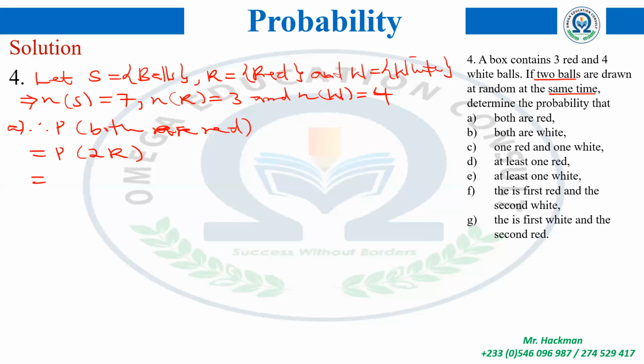Yes, that is what I said. Per the question, it means immediately you dip your hand or whatever you are using to pick from the box, your hand will only come out when you have 2 balls in your hand. So you draw them at the same time. Per the question, that is how it is.